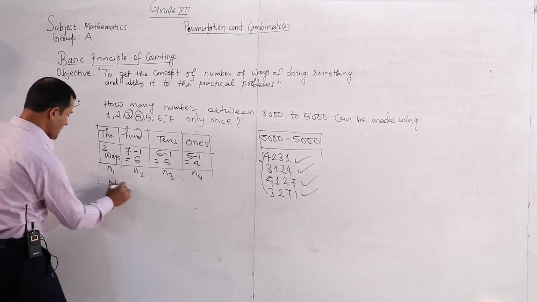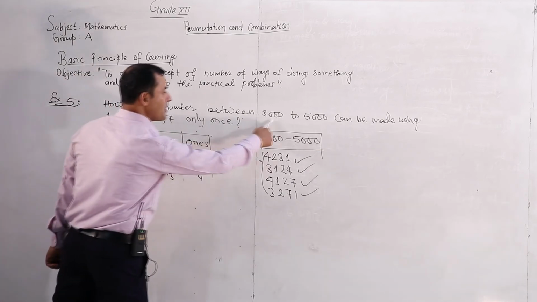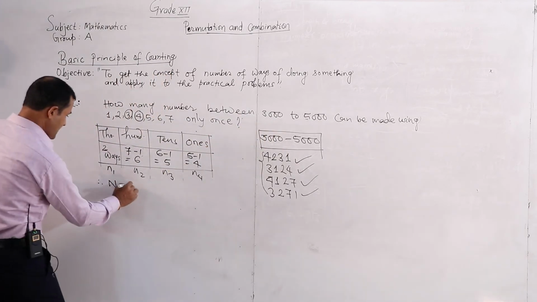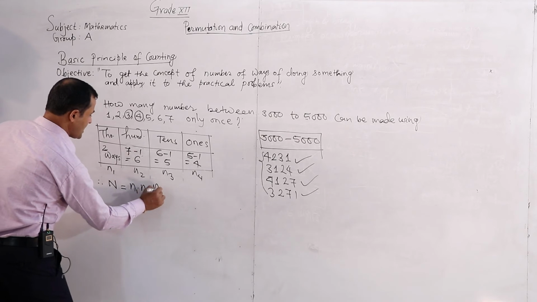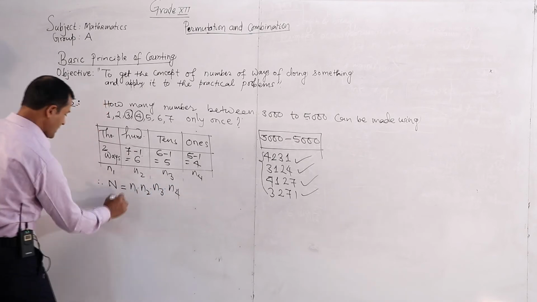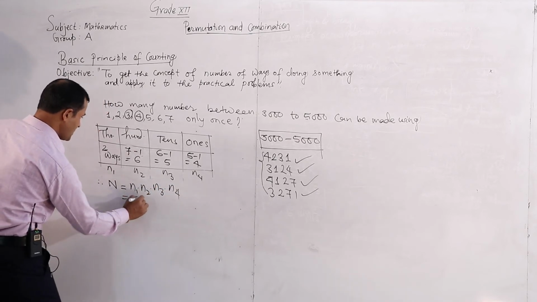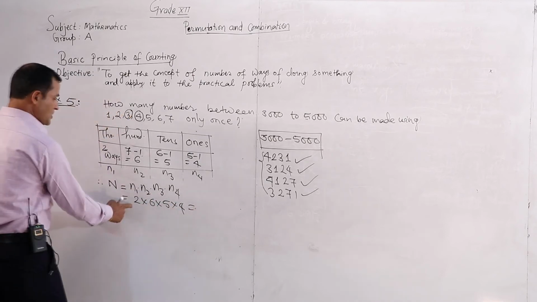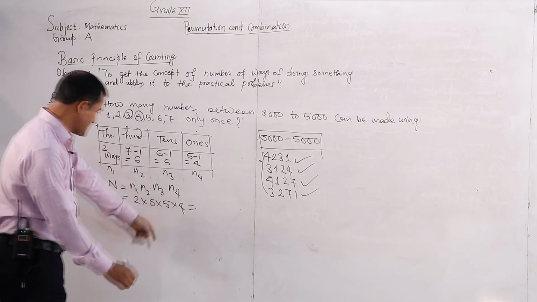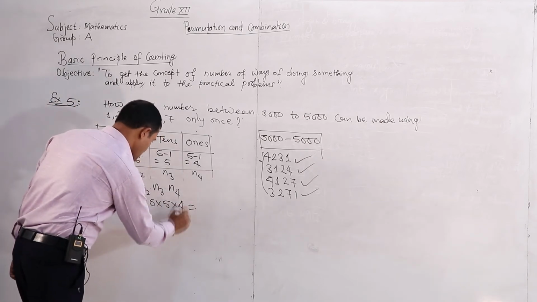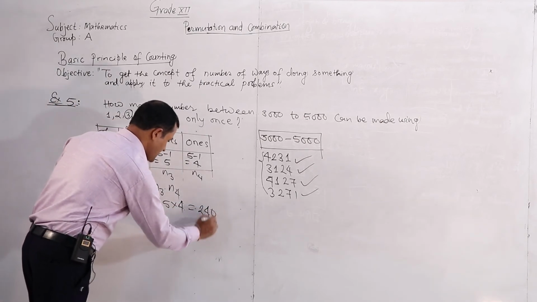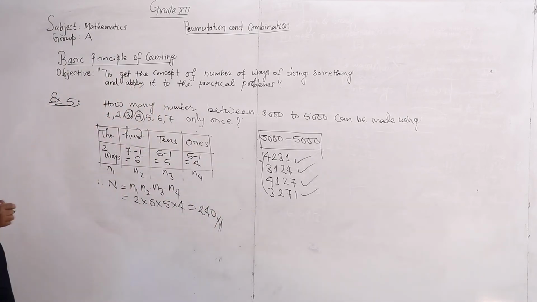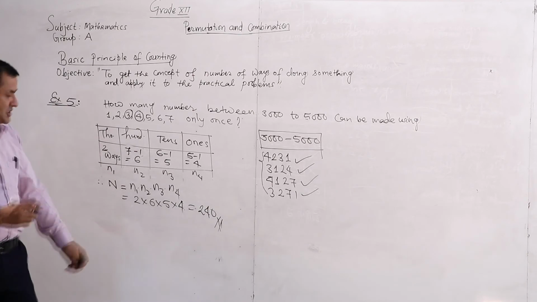So the total number of ways of forming the number in this range is n1 into n2 into n3 into n4, which is 2 into 6 into 5 into 4. 2 sixes are 12, 5 twelves are 60, 4 sixties are 240. 240 such numbers can be formed using the given condition.